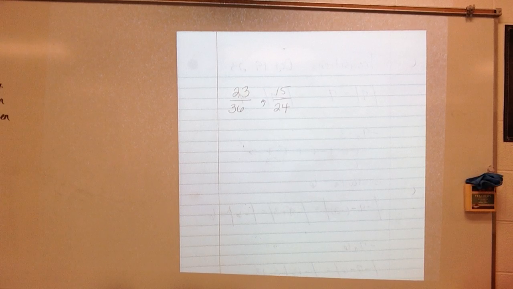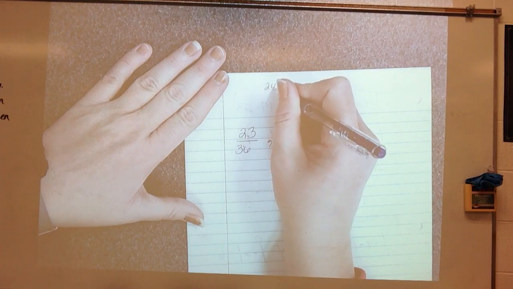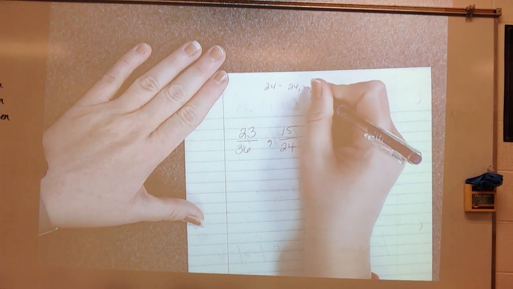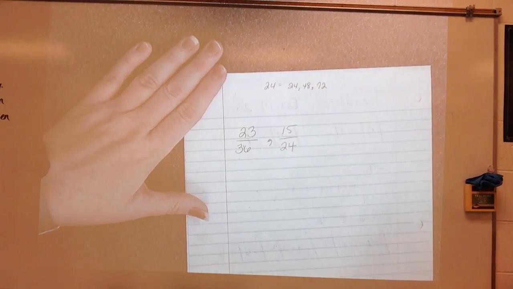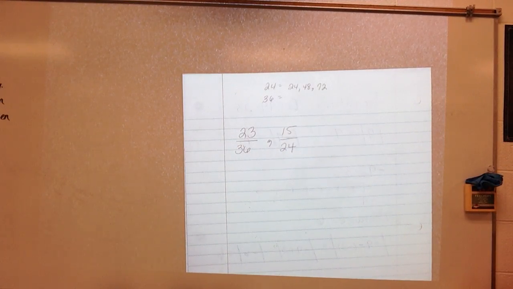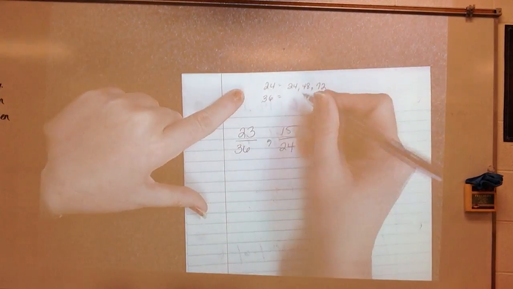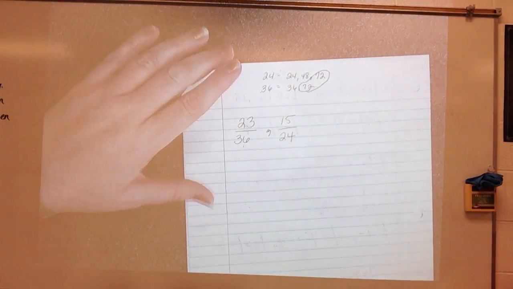That's what you're going to work on, finding a least common denominator. I've got 36 and 24. I need to start thinking about things they have in common. If I list the factors of 24, and then list multiples of 36, I will see that they have 72 in common.